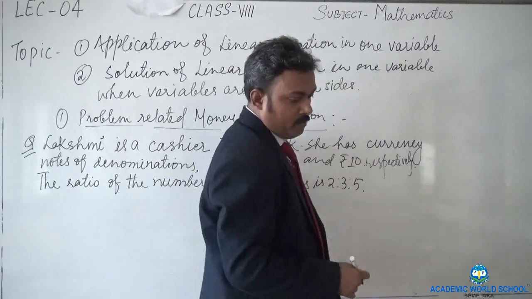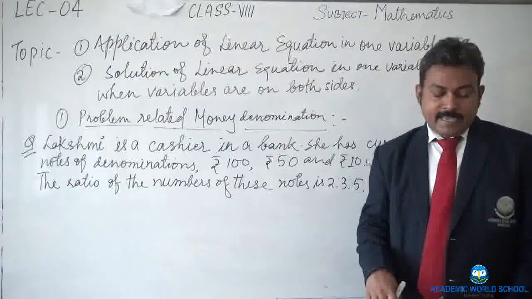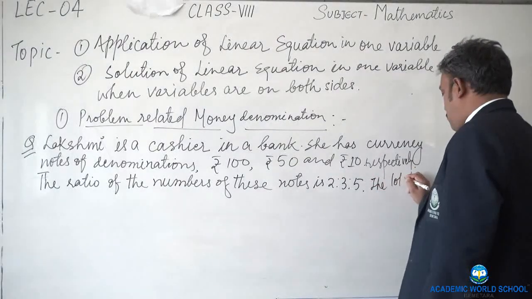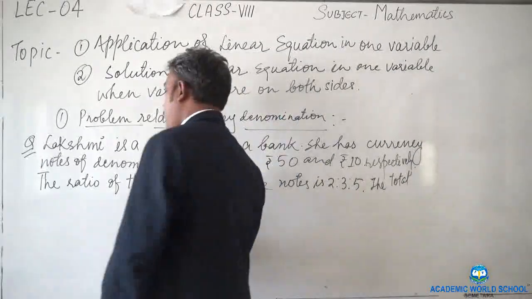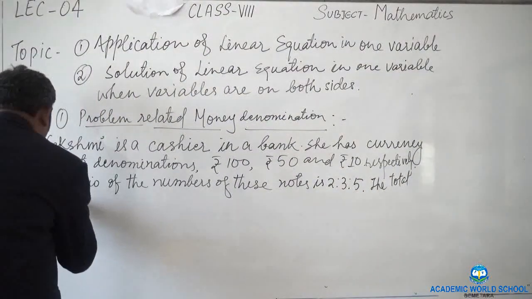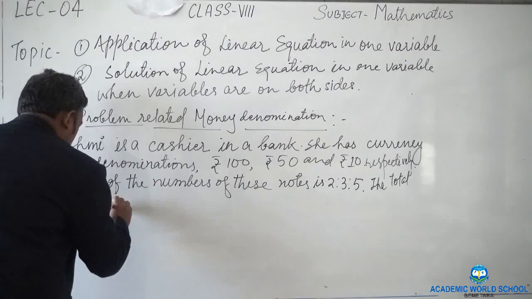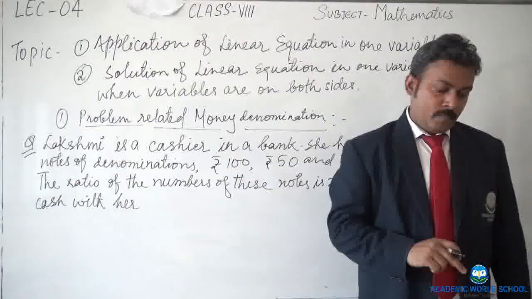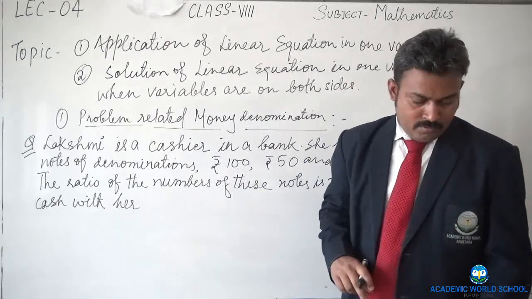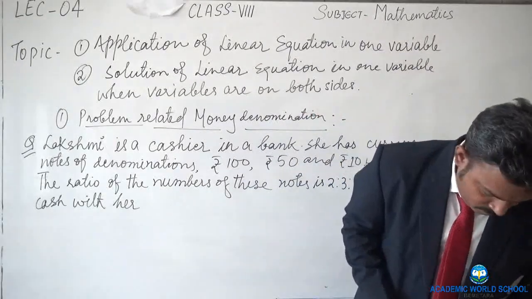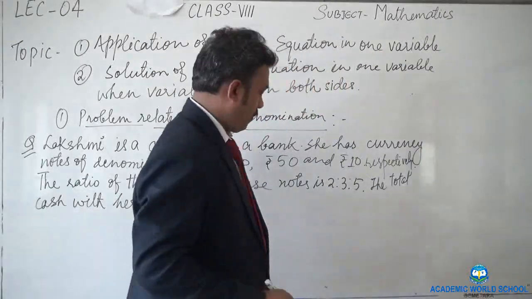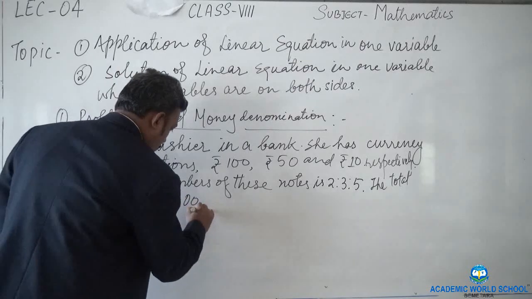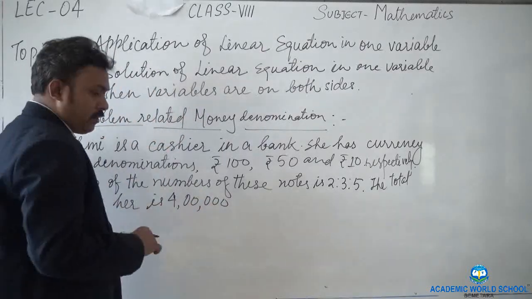2:3:5. The total cash with her is 4 lakh rupees.